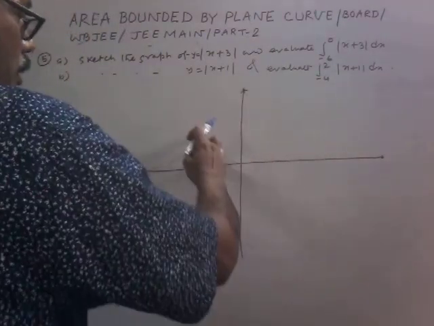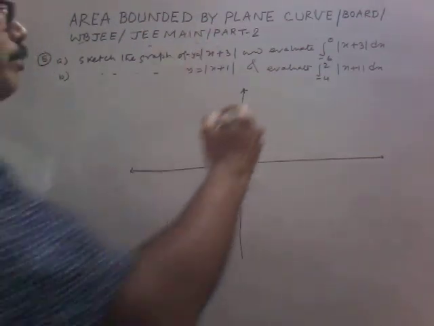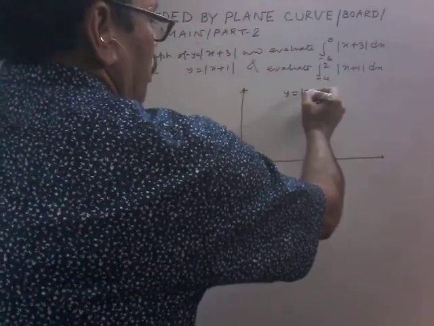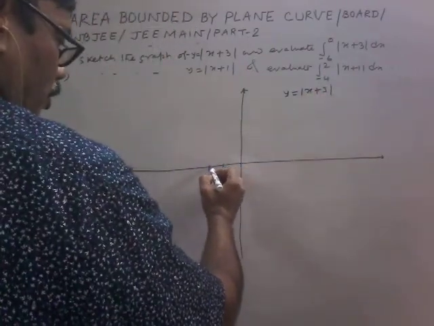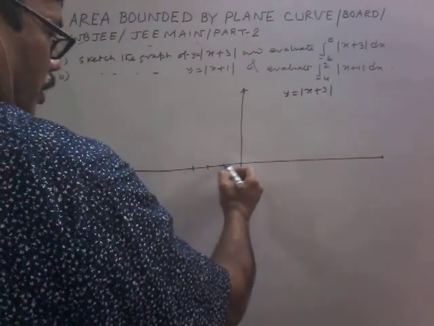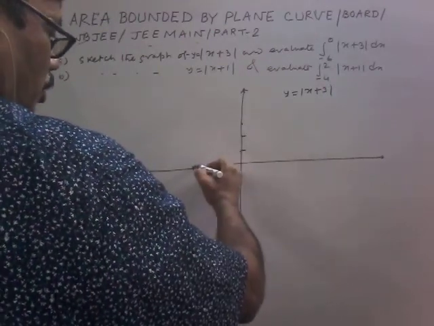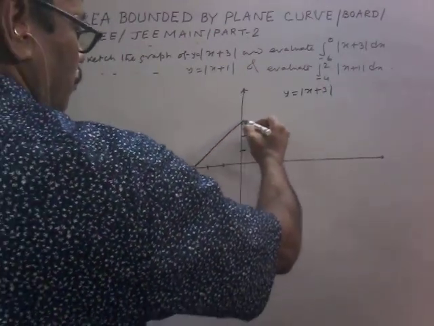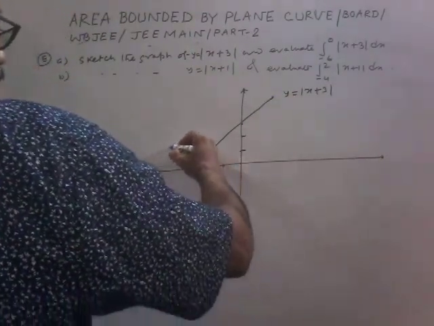So mod x has restriction at x equals 0. Here, mod of x plus 3, so the restriction is at minus 3. So this is minus 3. So you are getting this type of curve, a V curve at x equals minus 3.